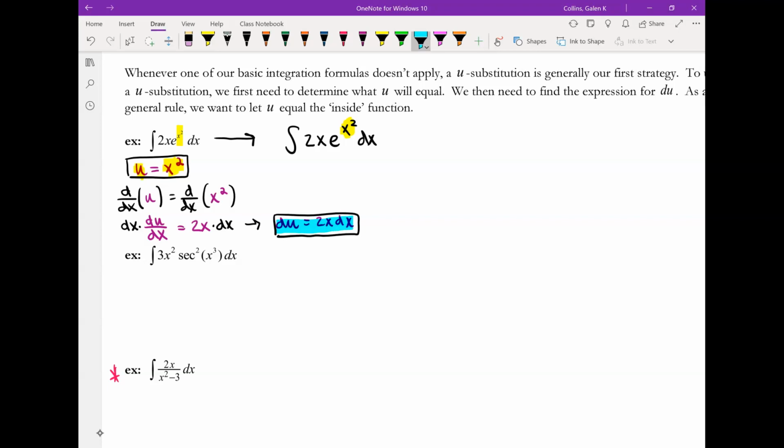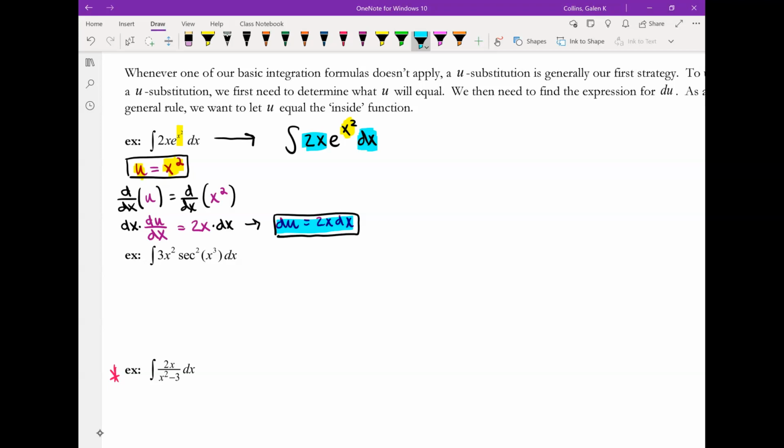We said du is 2x times dx. And remember that dx represents the infinitesimally small width of each rectangle when we use the Riemann sum and we take the limit as the number of rectangles approaches infinity. So dx is being multiplied with 2x e to the x squared.